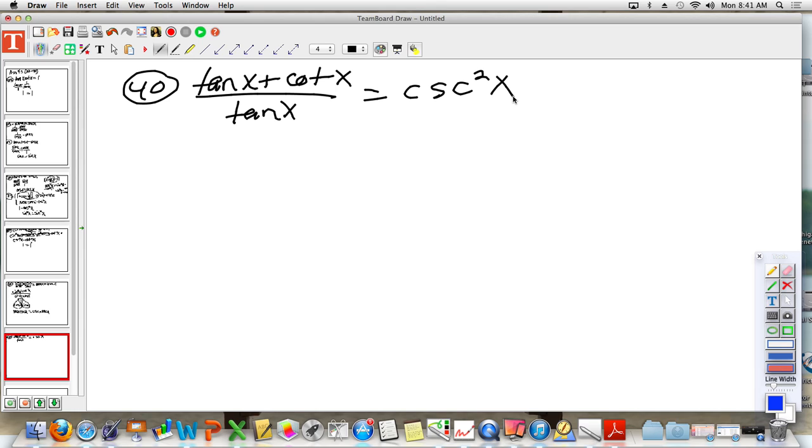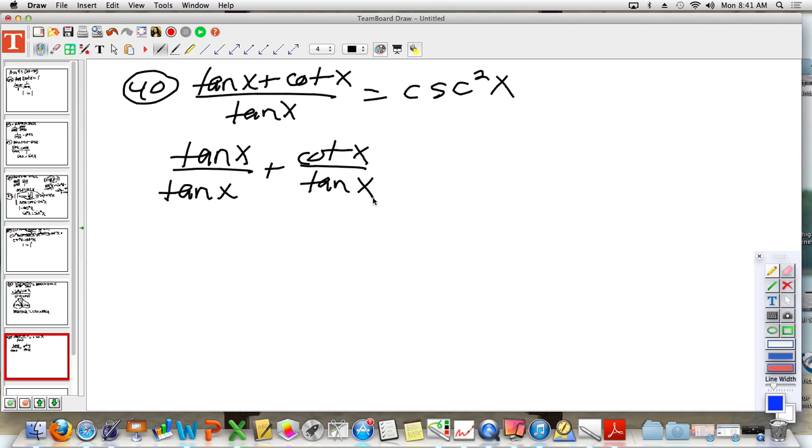Alright, so I have two things on the top that are being added together and divided by the same denominator. So let's separate them. Make them two separate fractions. Since these things are being added and divided by the same thing, that is the same thing as writing tan of x over the tan of x plus the cotan of x divided by the tan of x.